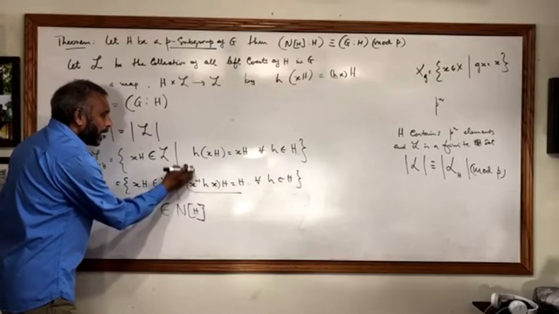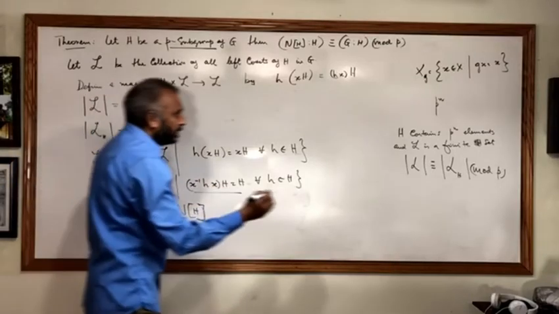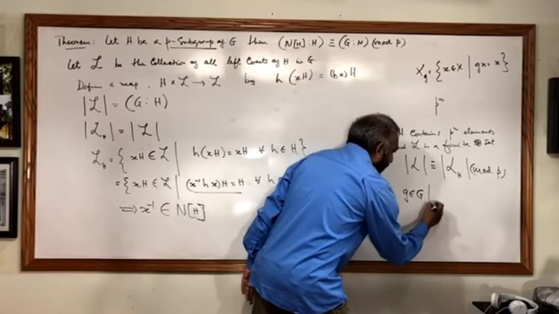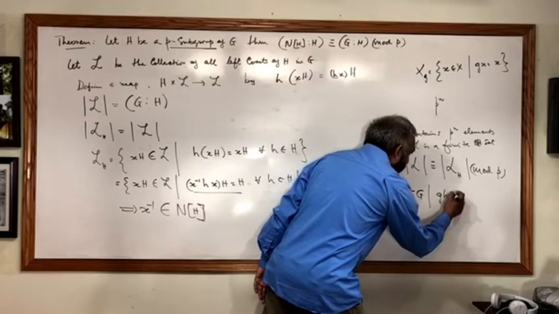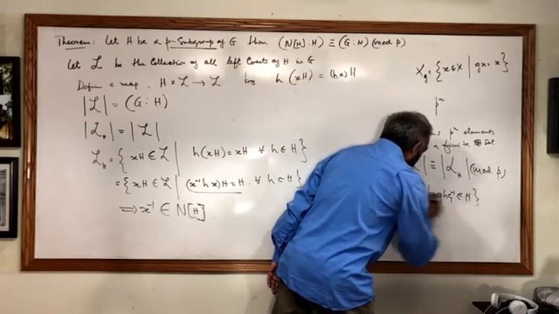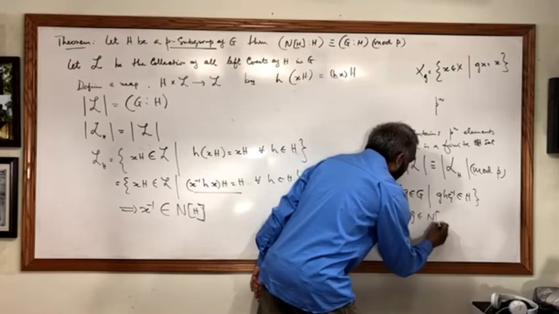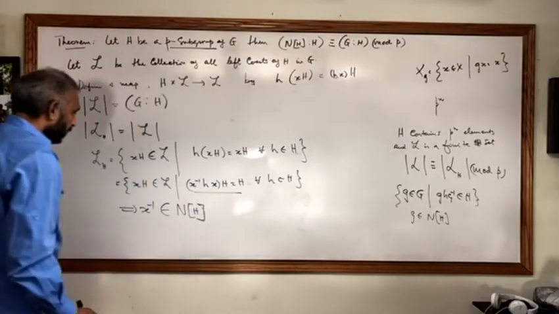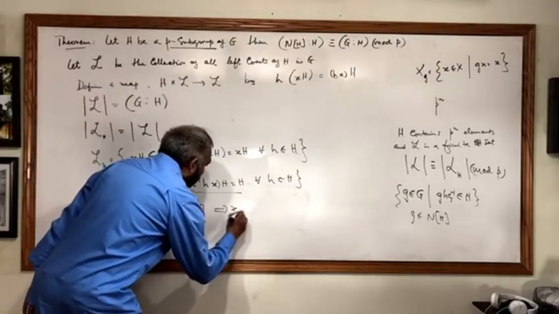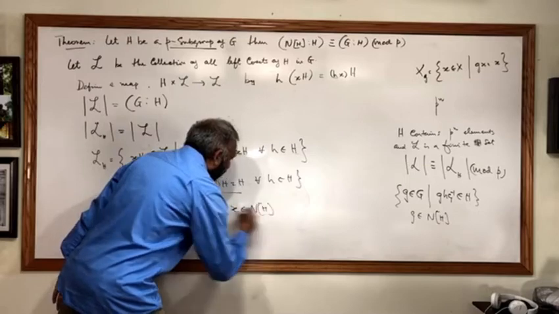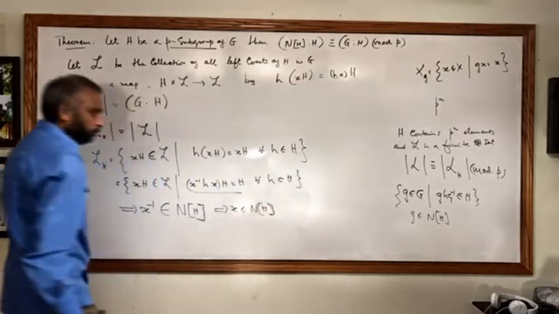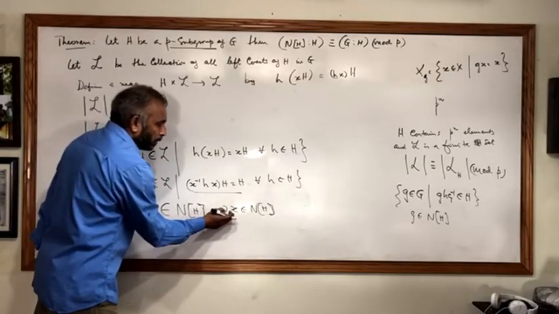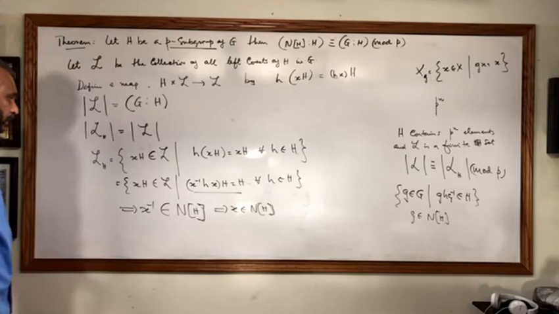All elements g in G such that g inverse H g is contained in H. Then g belongs to N(H). That is the normalizer of H. And this implies x belongs to N(H), because N(H) is a subgroup. So if x inverse belongs to N(H), x belongs to N(H).